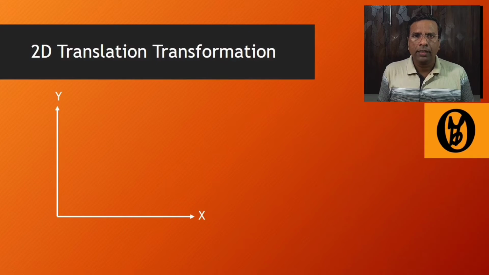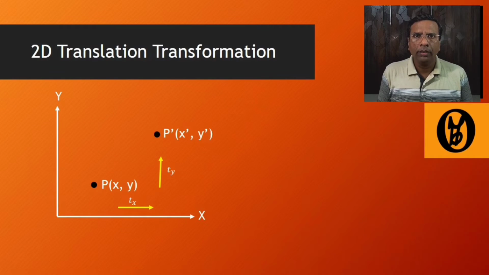So in this case, consider point P having coordinate x comma y, and if it is translated from its original location by tx distance in x direction and ty distance in y direction, it achieves its new position P dash with coordinate x dash comma y dash. We are interested in finding the relation between the coordinate of P dash and the coordinate of P point.